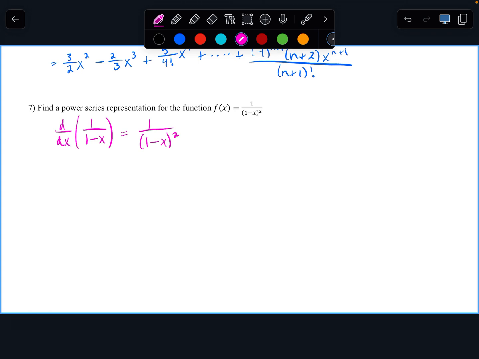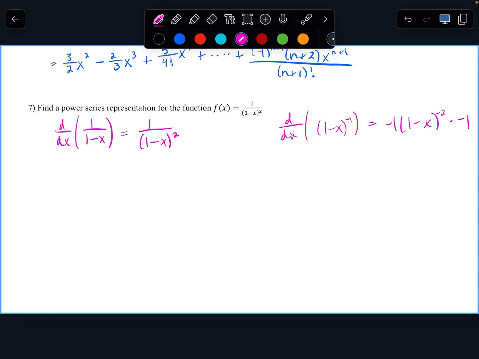No, because of chain, it doesn't work. Because it's -1 and then the negative x. Here, I'll write it off to the side. If you took the derivative of 1 minus x to the -1, right? Oh, yeah, the negative. Hold on, let me finish telling you why you're wrong.